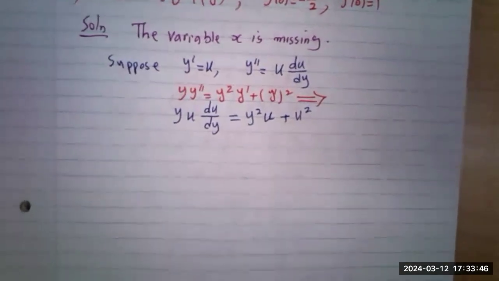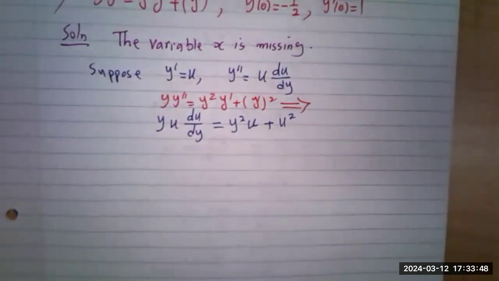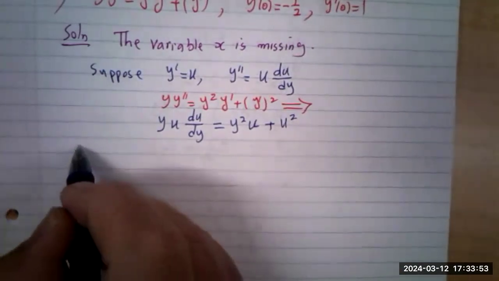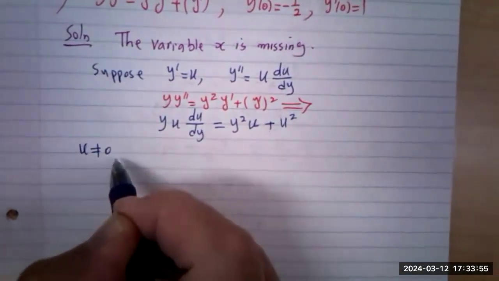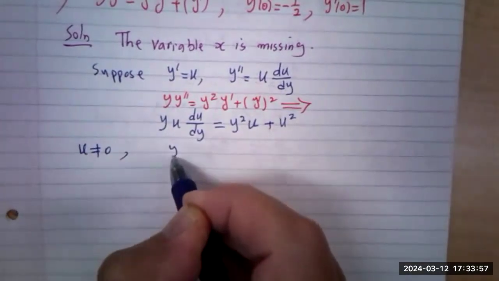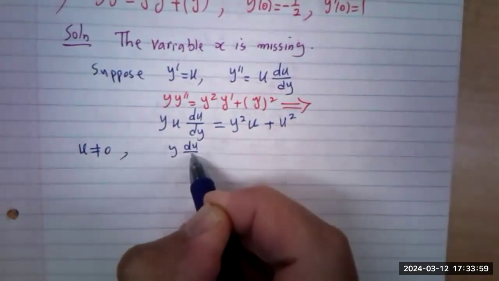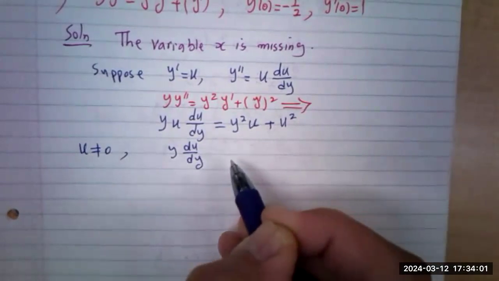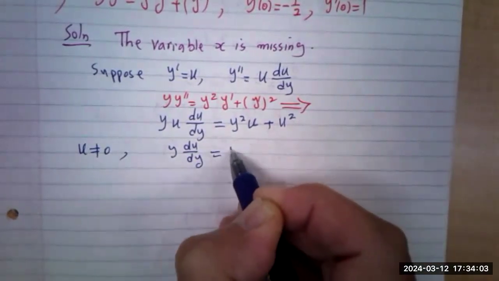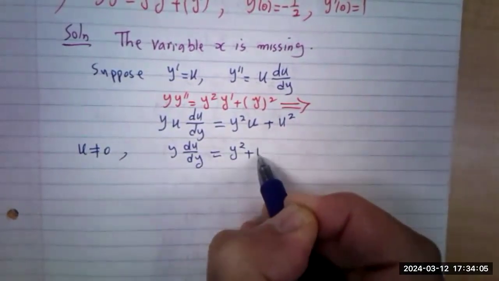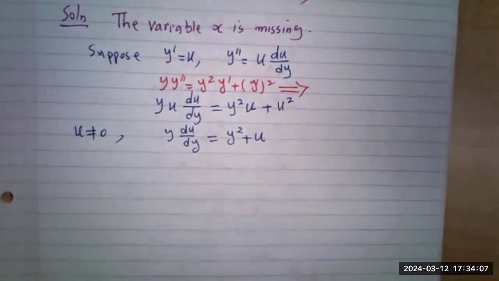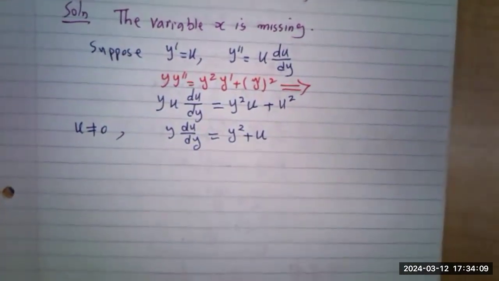That is the result of the equation. You can divide by u to simplify it, assuming u is not equal to 0. And we divide, so that gives us y du/dy equal to y squared plus u.